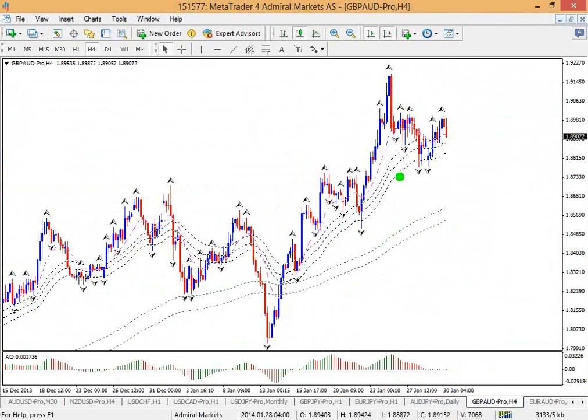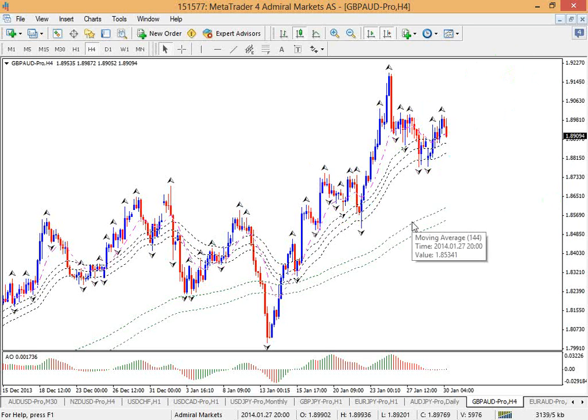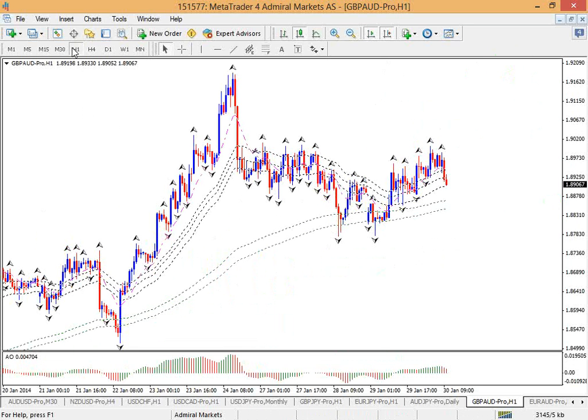So maybe this down move is something like this, just a retracement from our upside. Maybe not. Maybe this time it's different. In any case, it's not all too clear yet. That's my point. For me, the better short would be if we really have at least an hourly downtrend.